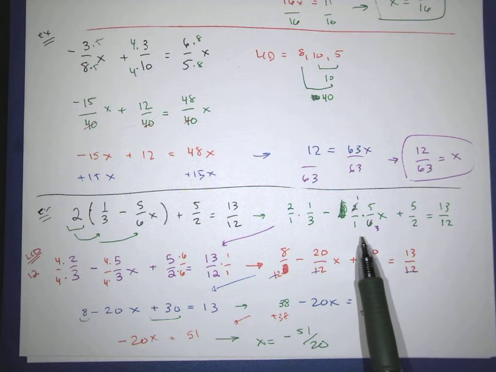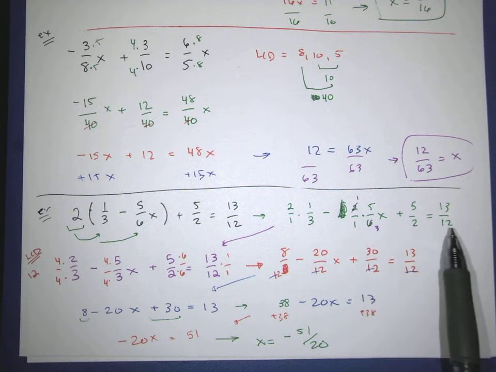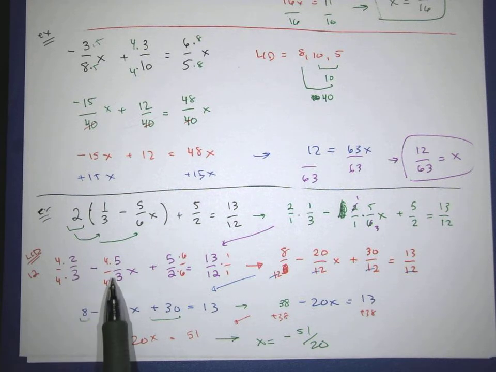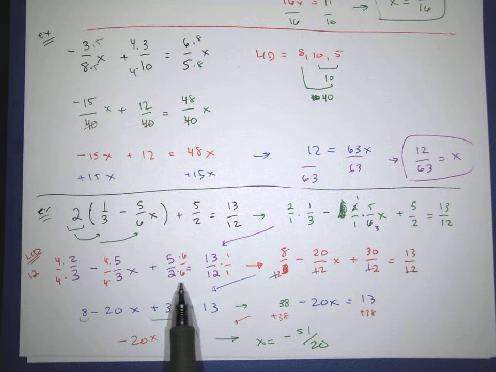That checks out with what we did before. Plus 5/2, 13 over 12. So obviously 12 is the LCD. 8 over 12 minus 5/4, 20 over 12, plus 5 and 6 is 30 over 12 equals 13 over 12.